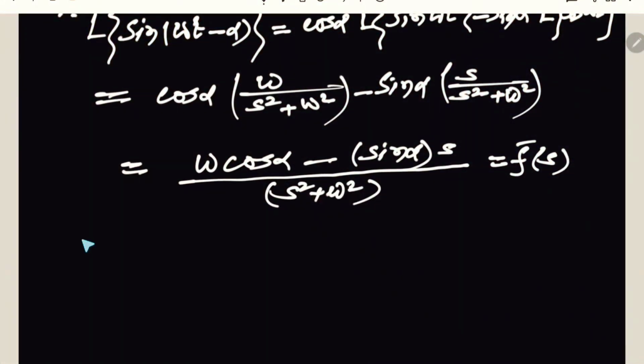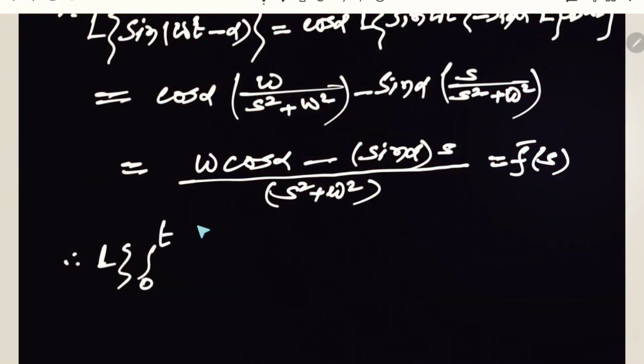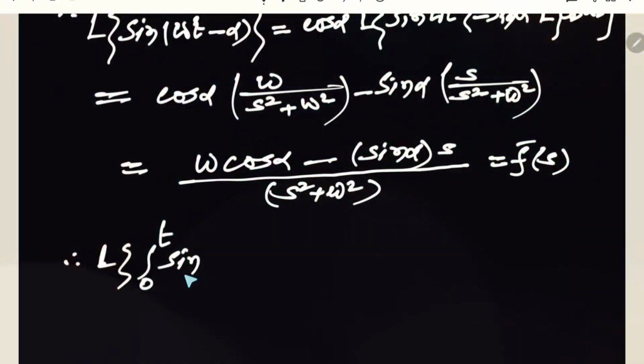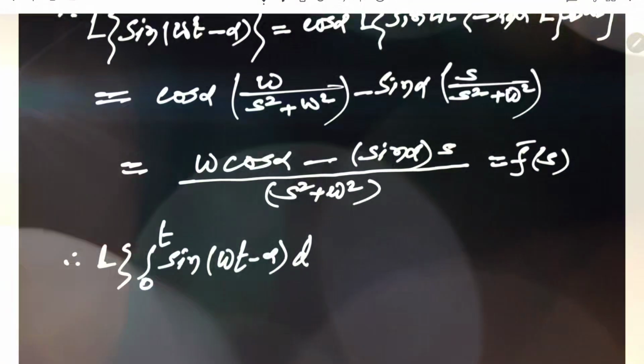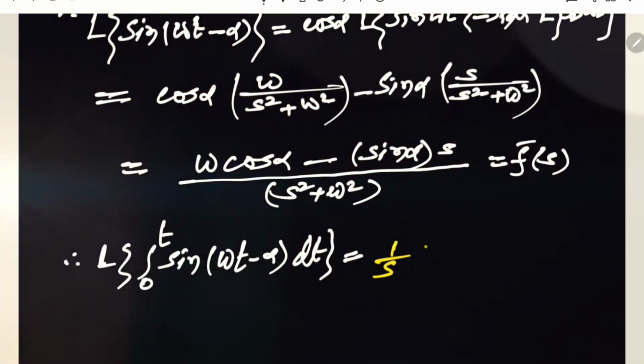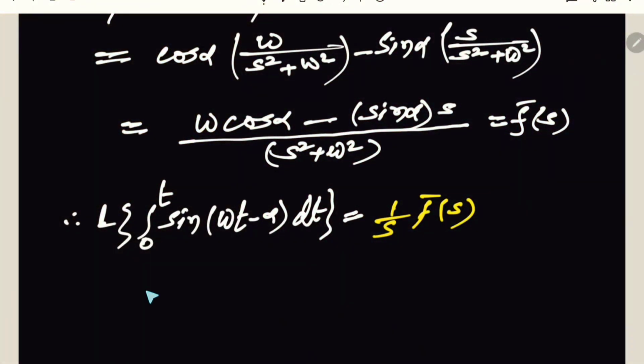Then applying that theorem, we get the Laplace of integration from 0 to t of sin(omega t minus alpha) with respect to t is equal to 1 by s into f bar of s, and therefore substituting the value of that f bar of s, we get the required answer.